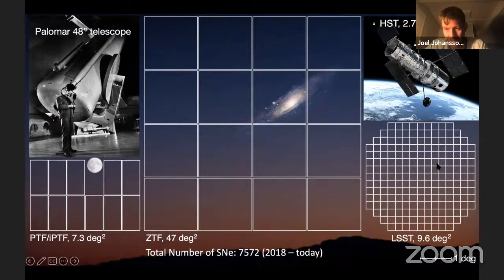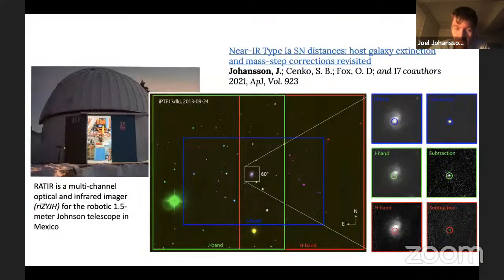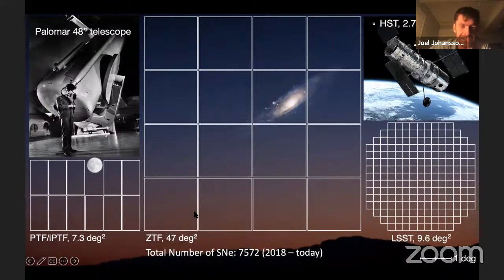With LSST, which will have a smaller field of view, but will go much deeper with a 10-meter size mirror instead of the 1.2 meter mirror on the 48-inch, the volume probed is of course much larger. But this is the tool I use to find supernova now and in the past.